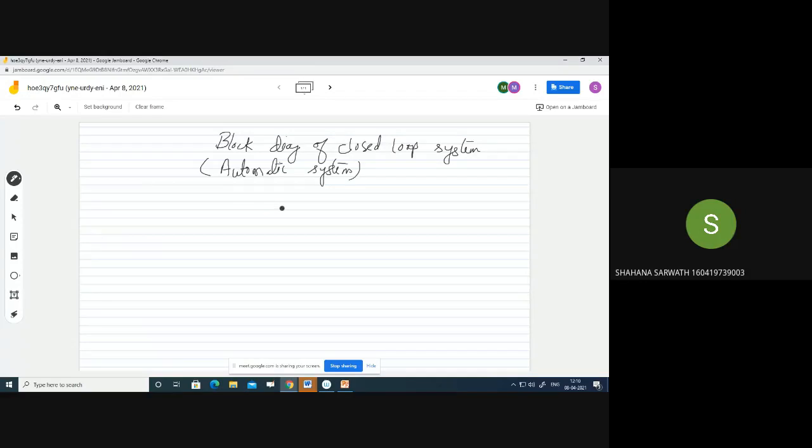Yes, sir. It looks something like this. There is something called a process on which we want to perform automation operation, because we all know that there is no automation without sensors. Agree? Yes, sir.